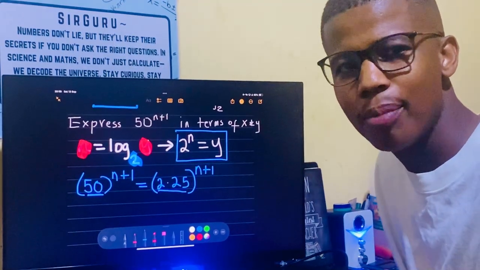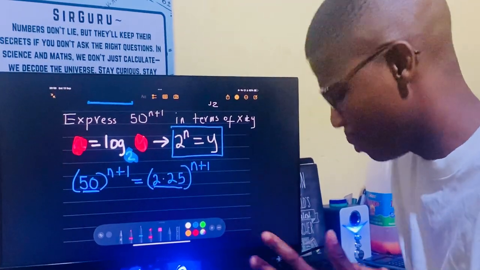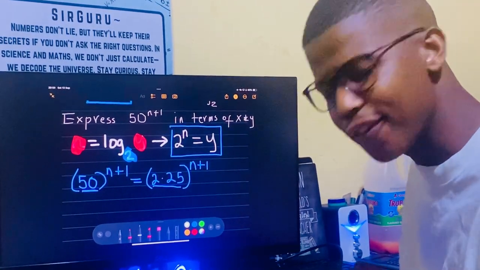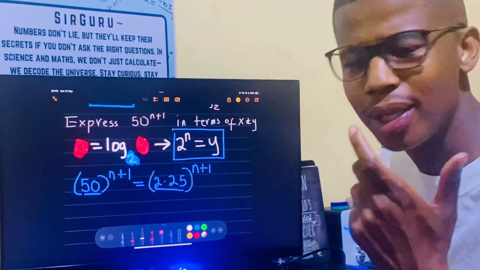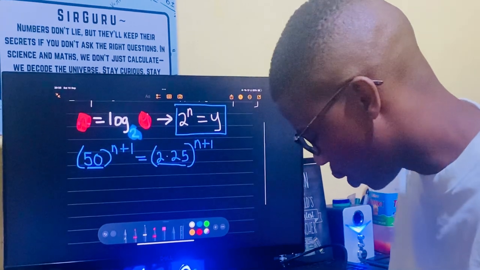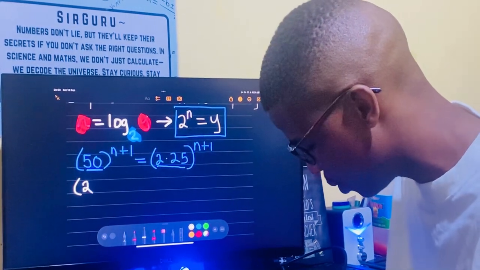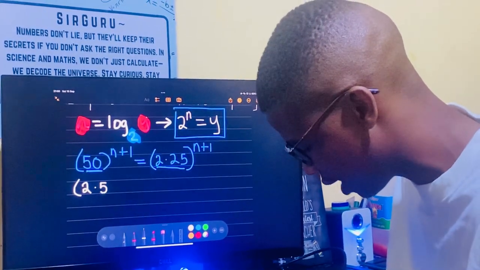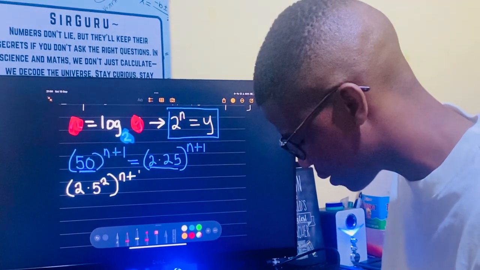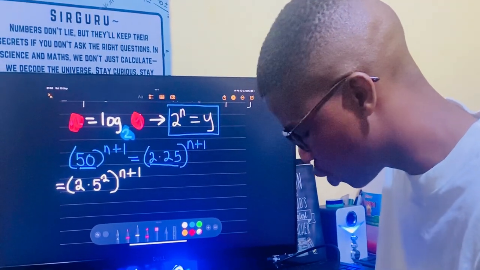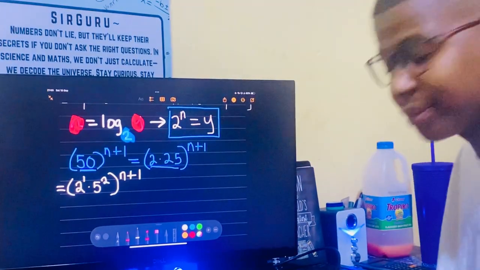But we know that basically 25 is 5 times 5, and 5 times 5 is 5 to the power of 2. So in the bracket I have 2 multiplied by 5 squared. Outside is still n plus 1. And 2 is basically 2 to the power 1.